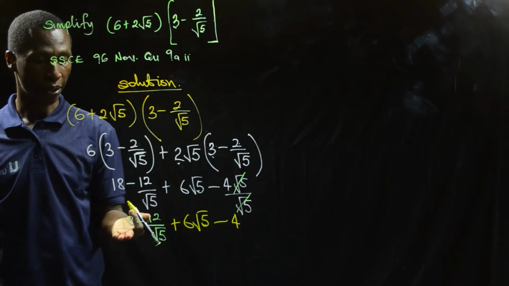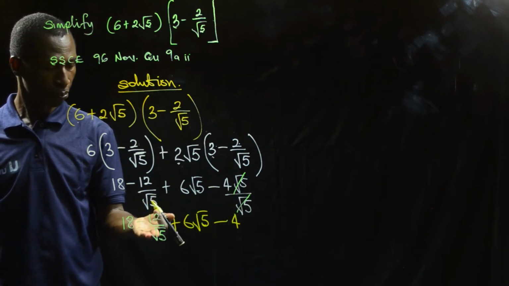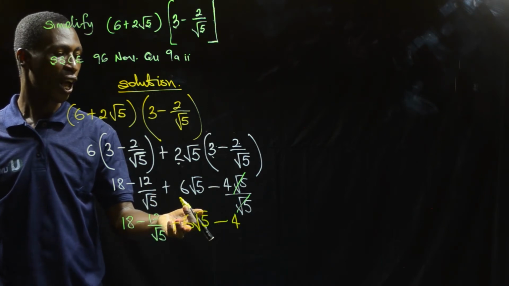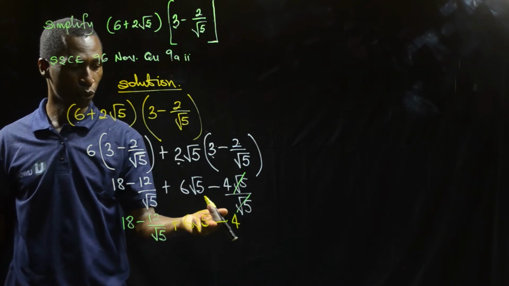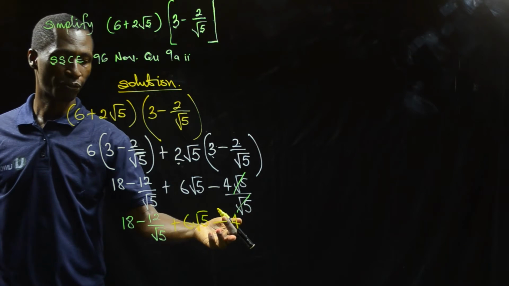Now, minus 4 and 18 are just whole numbers. They are not irrational numbers. But this one is a fraction which contains an irrational number, and this one is also a term containing a surd, which is an irrational number. So we will consider the 18 and the 4.